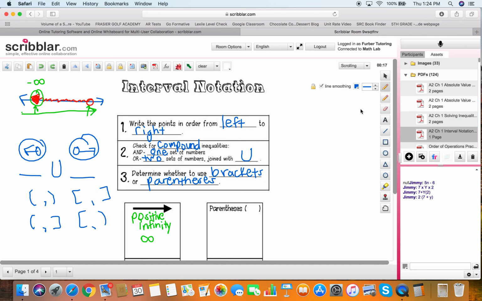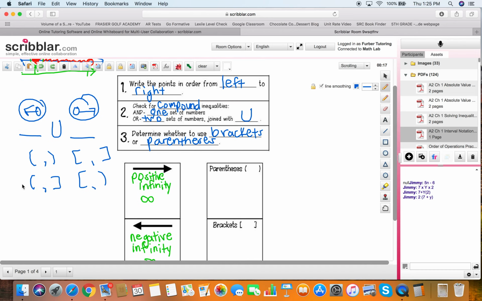Number one, we always have a standard way of doing this for the infinity symbol. If you have an infinity symbol as one of your points, infinity symbols are always going to be included underneath of the parentheses. So I'll put that here and here. Positive infinity and negative infinity would always be next to parentheses.